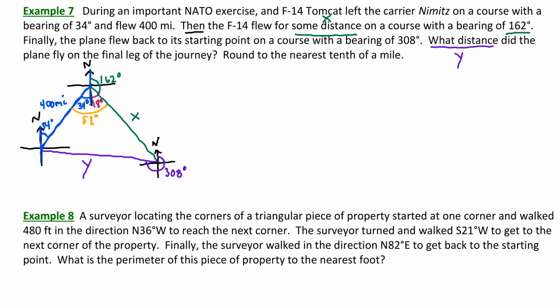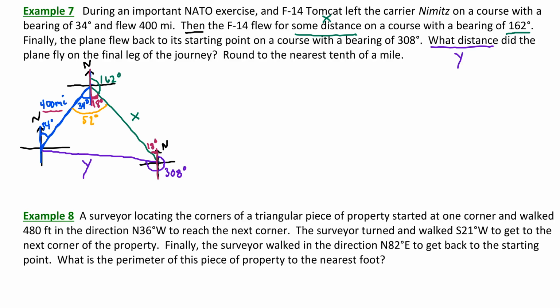Because we know that this distance is 400 miles, it would be helpful to determine this angle right here. Once again, recognizing that the north-south rays form a pair of parallel lines, and they're cut by a green transversal line, and we know that alternate interior angles are equal, this angle is therefore equal to this little angle right here.